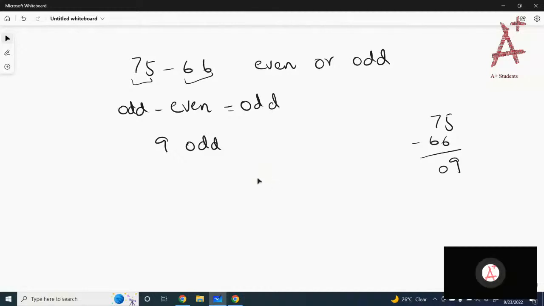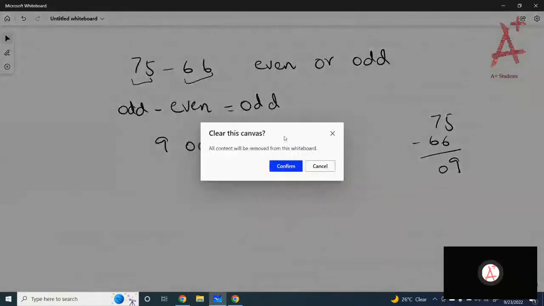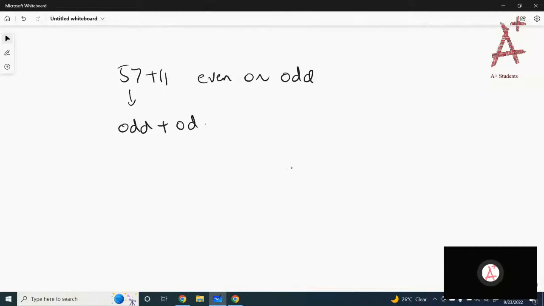Okay, the next one is 57 plus 11, even or odd? So 57 is even number or odd number? 57 is an odd number and 11 is also an odd number.